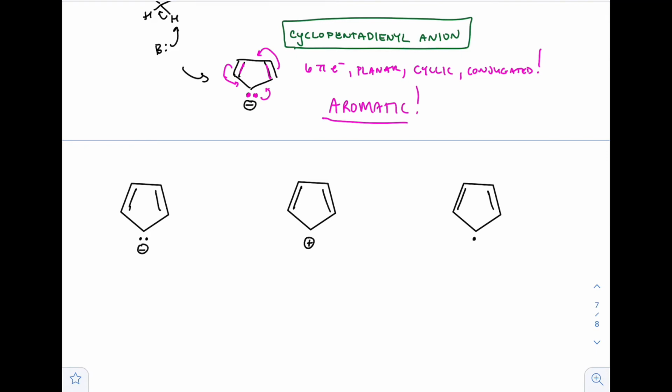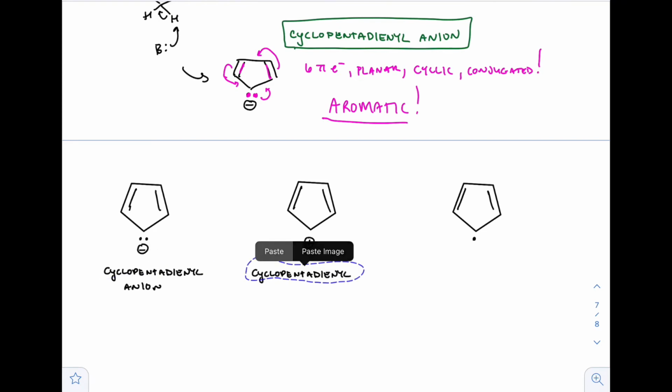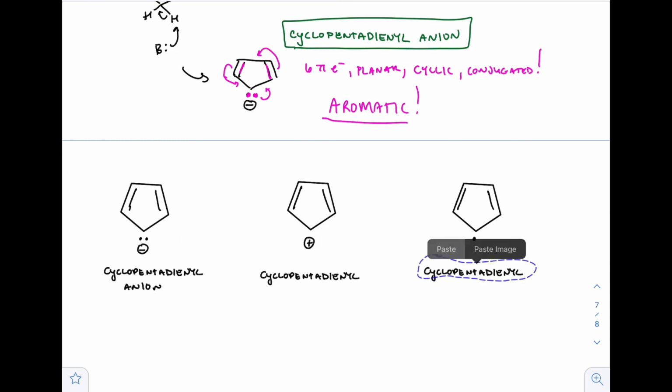We still have the 2 double bonds. So just real quick, I'll rewrite the names for you. Cyclopentadienyl anion, cyclopentadienyl cation, cyclopentadienyl radical. Not too crazy, pretty chill.